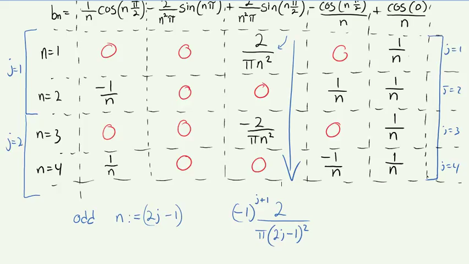However, there's a little bit of a cancellation that can happen here, and you have to be very careful about this. If a function on two different columns evaluates the same coefficients on the same channel, right? So this is the even n channel, and this is another even n channel.